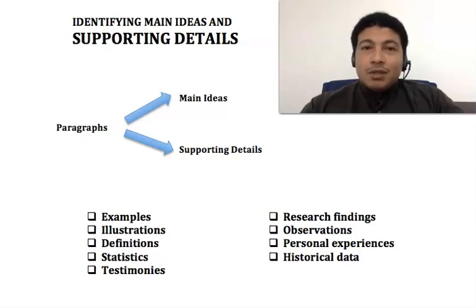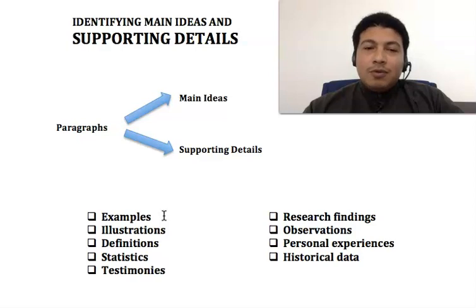And there are different types of supporting details that we may use in our writing, or that we could find in a text, in a paragraph, or in each of the paragraphs in an article. So examples could be a type of supporting detail.